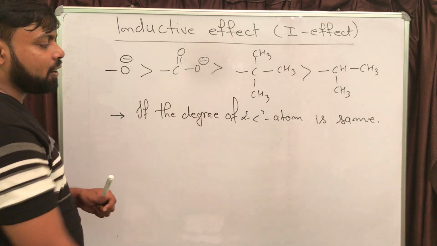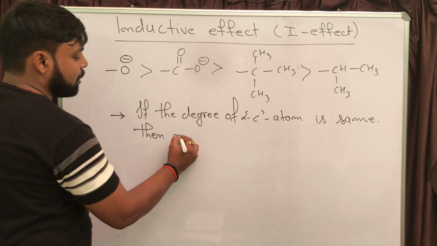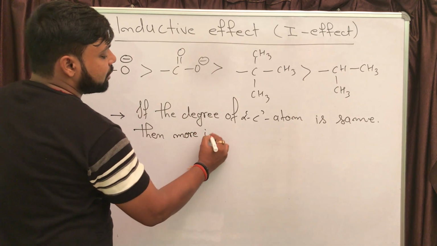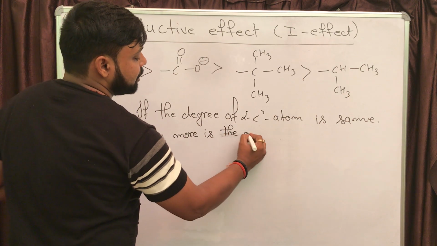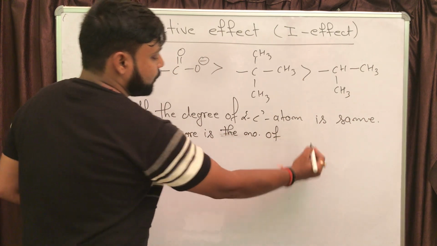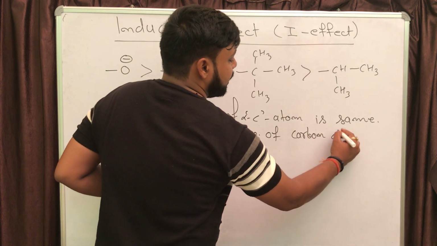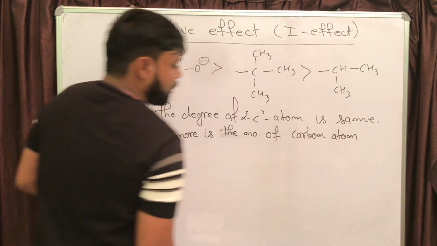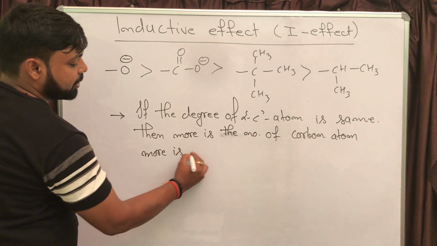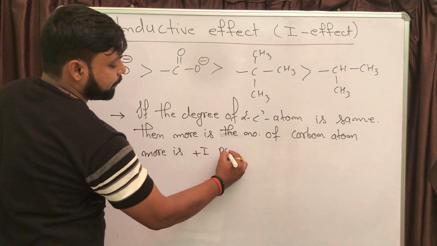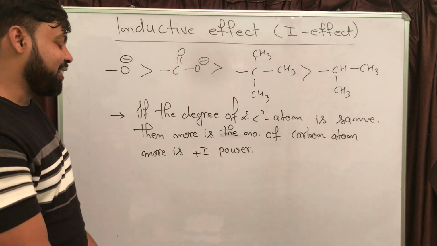If the degree of alpha carbon is the same, then more is the number of carbon atoms, more is the plus I power. Plus means electron donation ability, right?